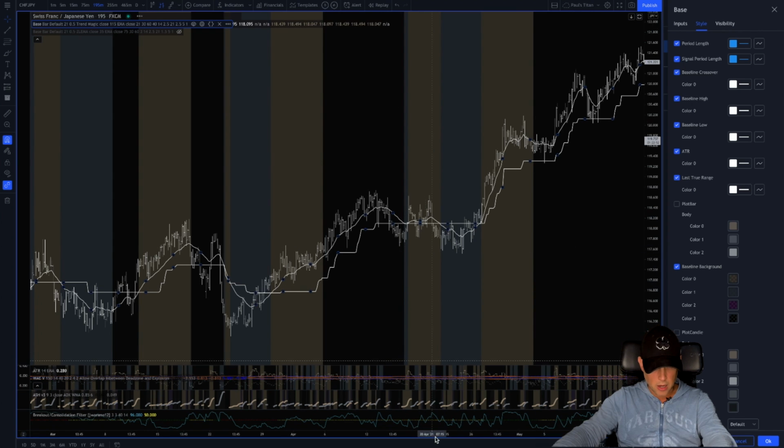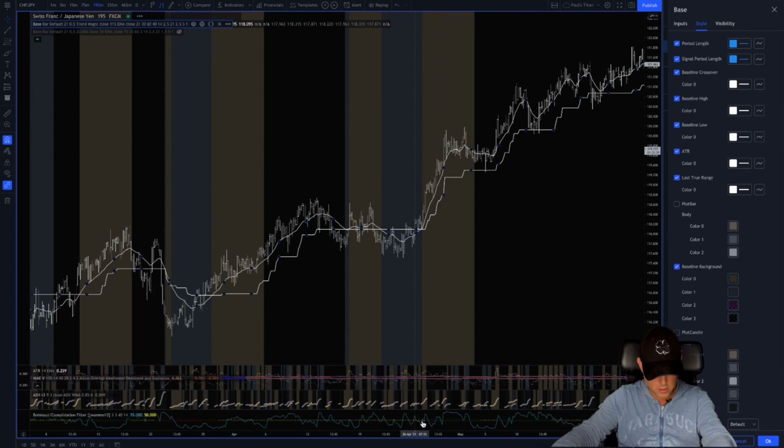But as you can see, I also have my consolidation filter, which can tell me whether or not this is actually good to avoid. And then we're back out of consolidation according to the filter. We're out of consolidation in this area, which coincides with this opportunity. So that actually works out.